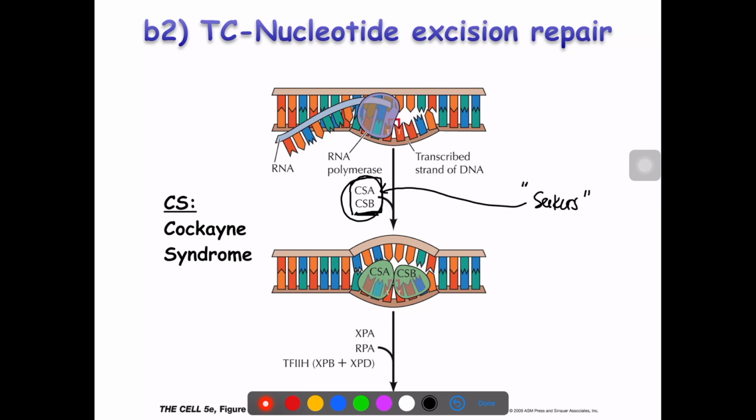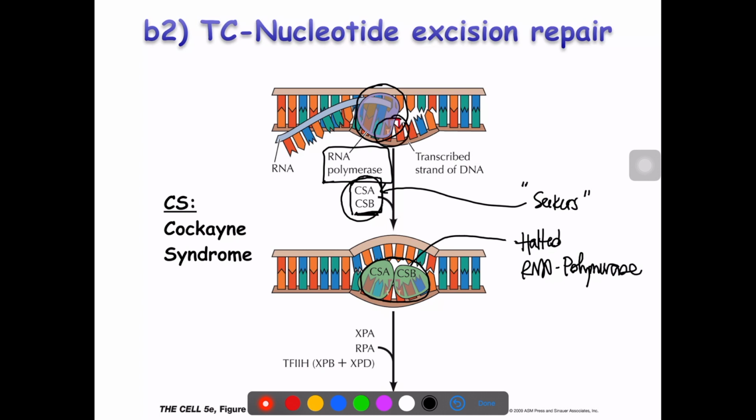So these two proteins recognize the halted RNA polymerase, because that's the signal that triggers this particular pathway. You have an RNA being synthesized by RNA polymerase, and whenever it finds those cyclobutane rings, the enzyme just simply doesn't know what to do. So it remains there in place.